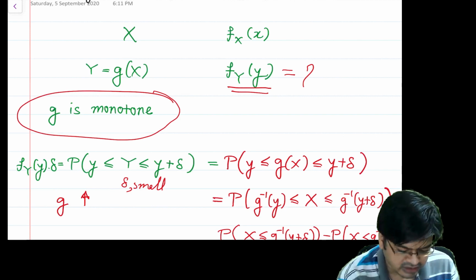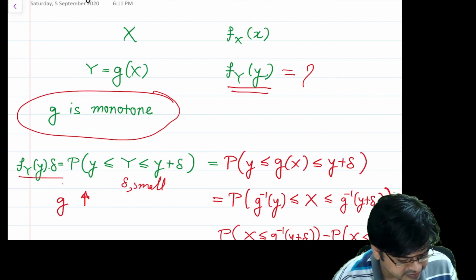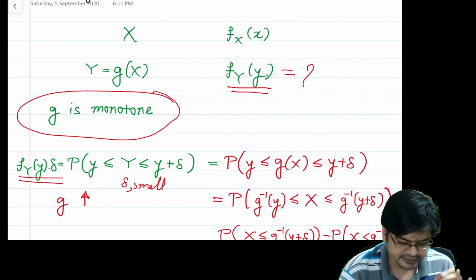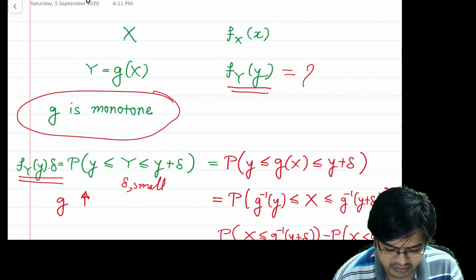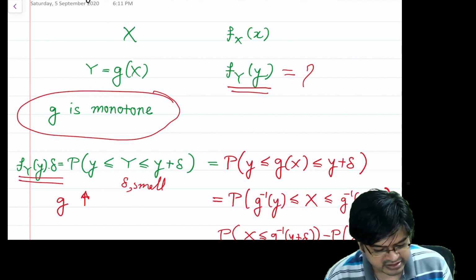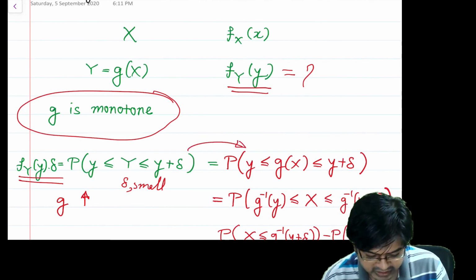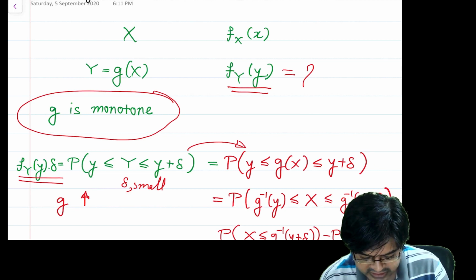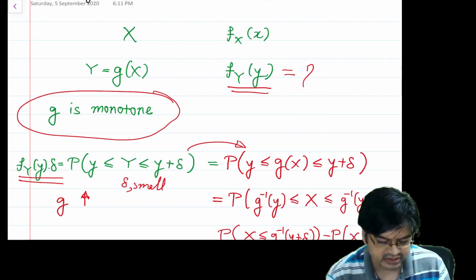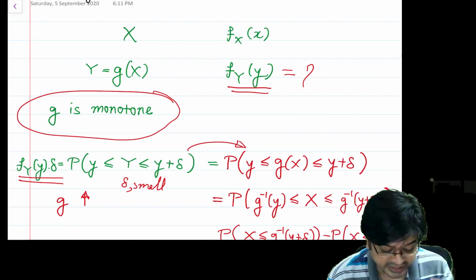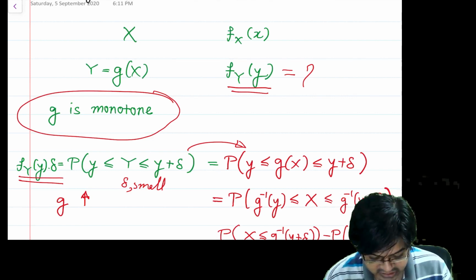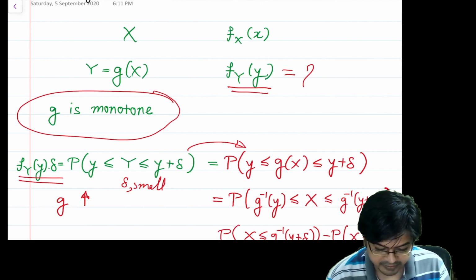If delta is very small, I can approximate this density with this particular expression fy(y) times delta. Then you write this in terms of x. So you write this as y less than or equal to g of x less than or equal to y plus delta, not density. You write this probability as this. So you have written this probability.